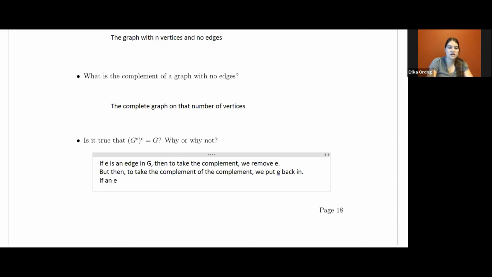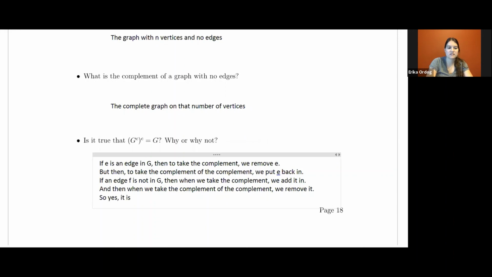If an edge, call it f, is not in G, then when we take the complement, we add it in. And then when we take the complement of the complement, we remove it.